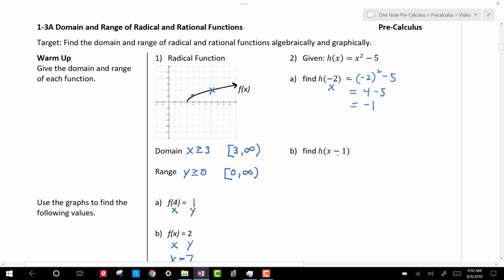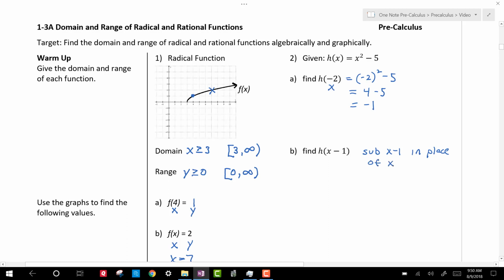Find h of x minus 1. Well, what does that mean? There's an x and a minus 1 here. What am I supposed to do? Well, just like when we substituted negative 2 in the first one, what they're saying is substitute x minus 1 in place of x.